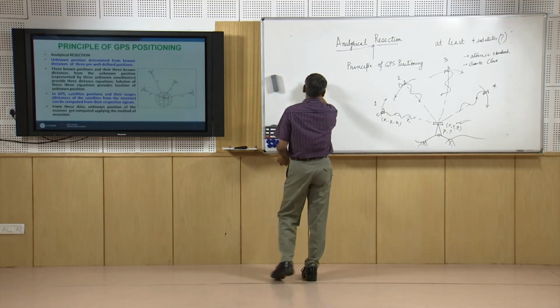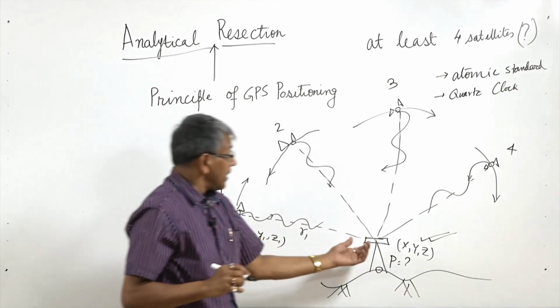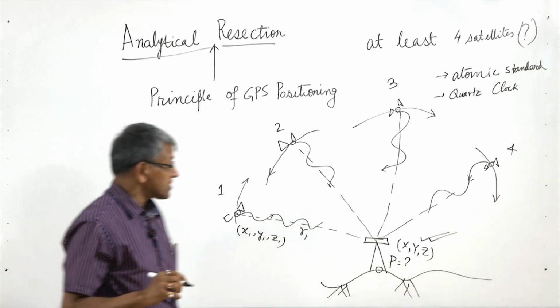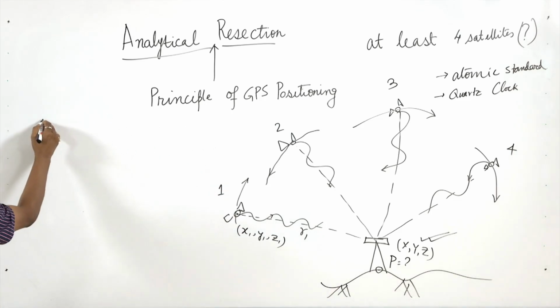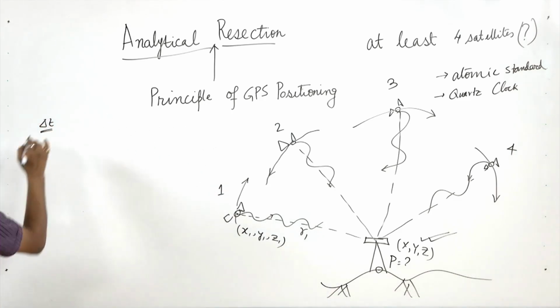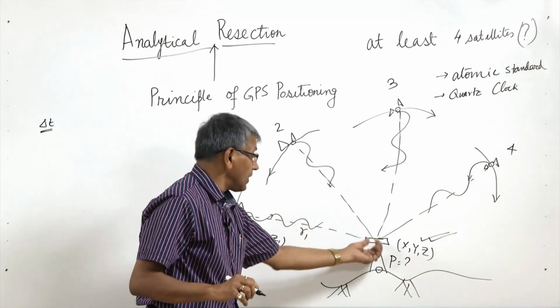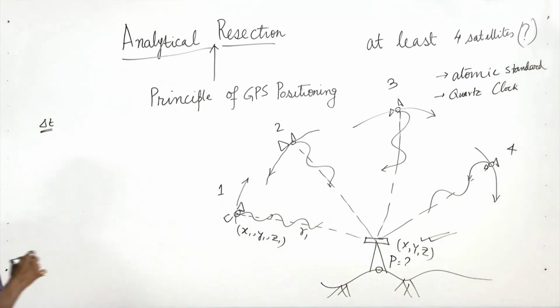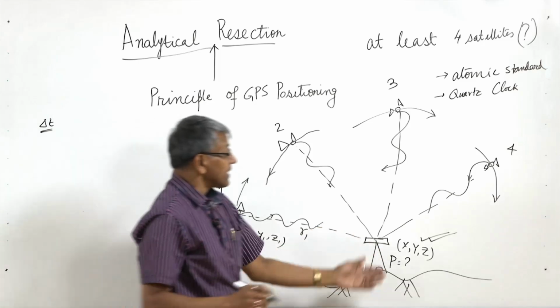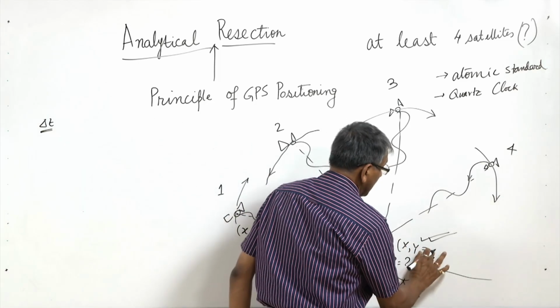So you will have one more error or unknown associated with a particular receiver, called the time error or time measurement error, del t. So this is taken as another parameter of measurement.